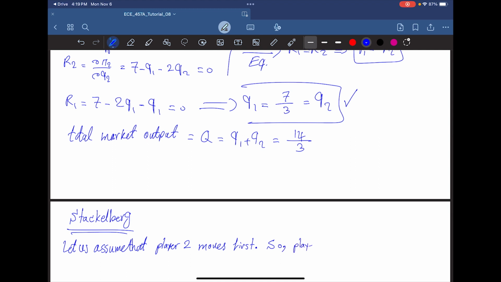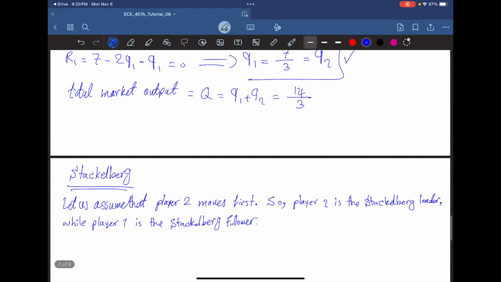So player 2 is the Stackelberg leader, while player 1 is the Stackelberg follower. All right.